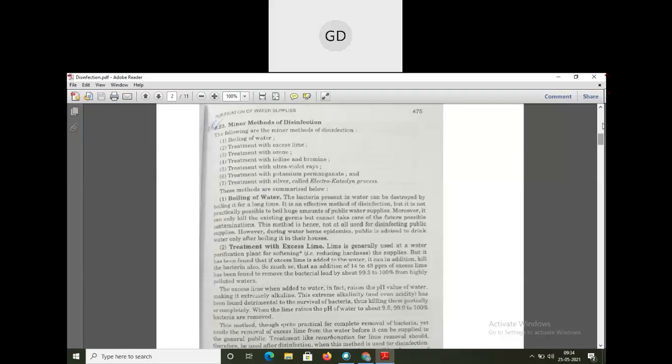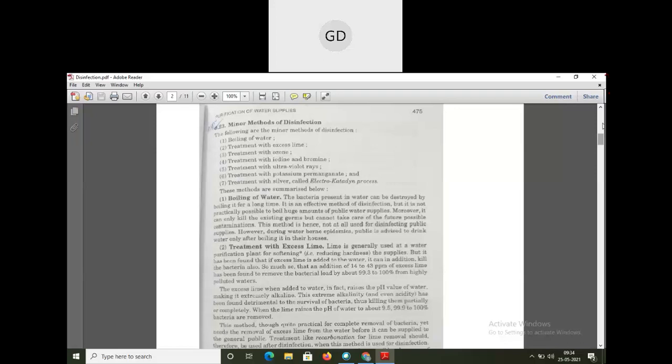Number one is boiling of water. By boiling, the bacteria present in the water can be destroyed. Everyone knows that if we boil water, the harmful bacteria can be removed.